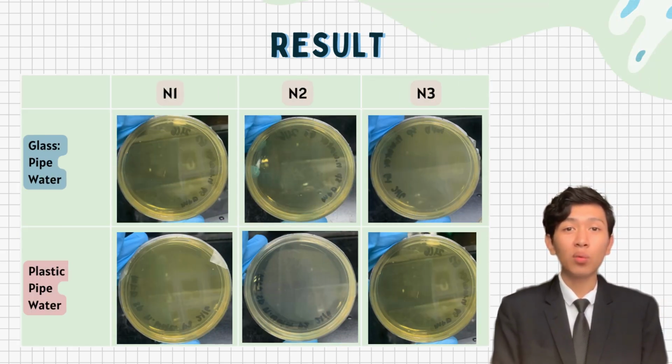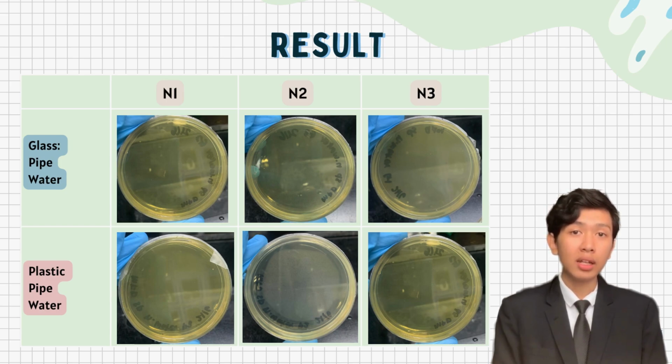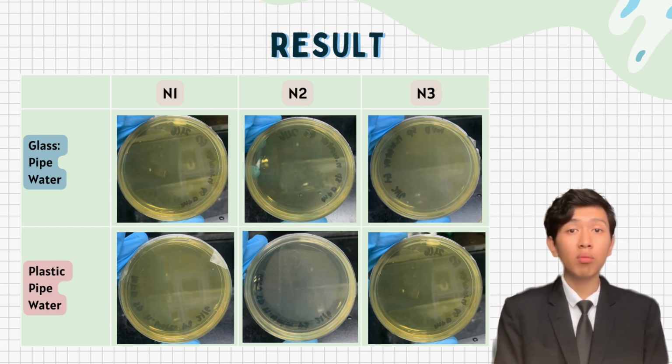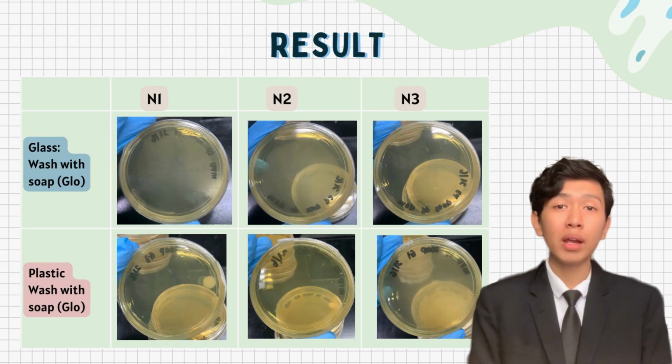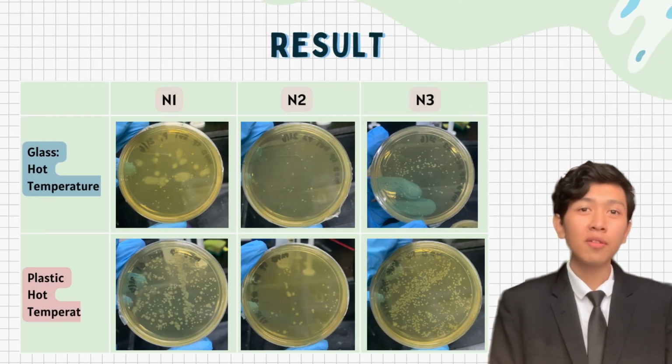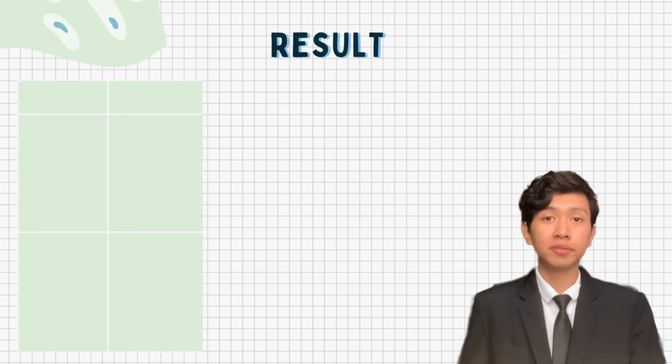The second result, which is cleaning with pipe water, and the third result, which is cleaning with soap and water, show no sign of microbial contamination or growth in both plastic and glass food packaging jar, following the control result. The fourth and the fifth results show that there is the presence of microbial growth in the media culture.